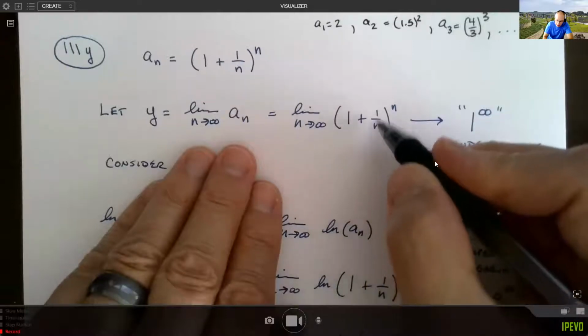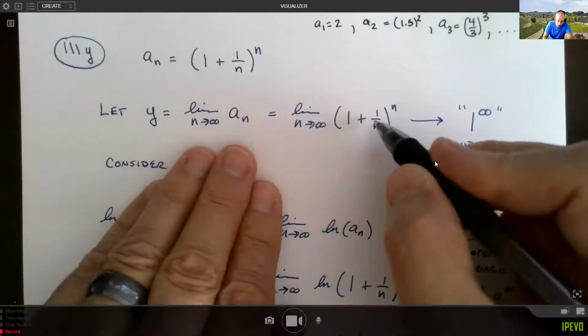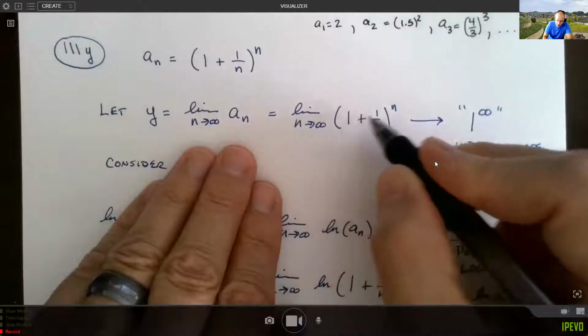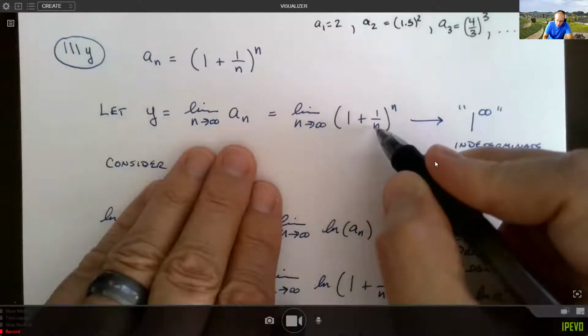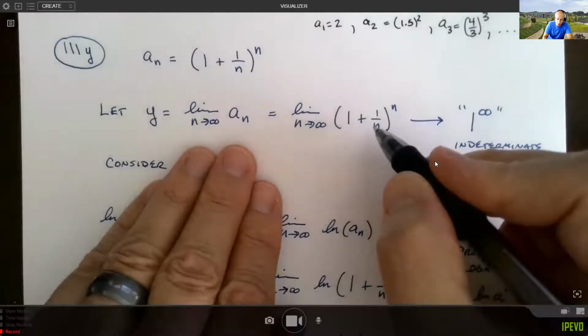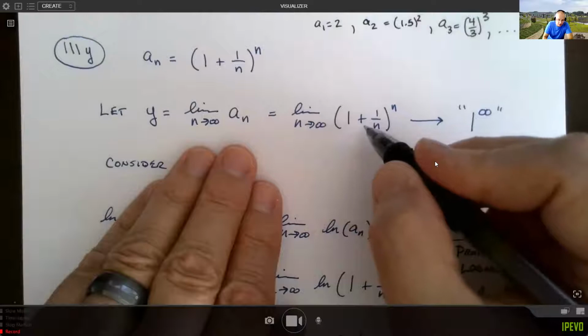As n gets bigger and bigger, 1 over n is never 0, but it's approaching 0. When n is 1,000, you'd have 1 plus 1/1000, 1.001. So you're going to get a number that is always a little bit bigger than 1.